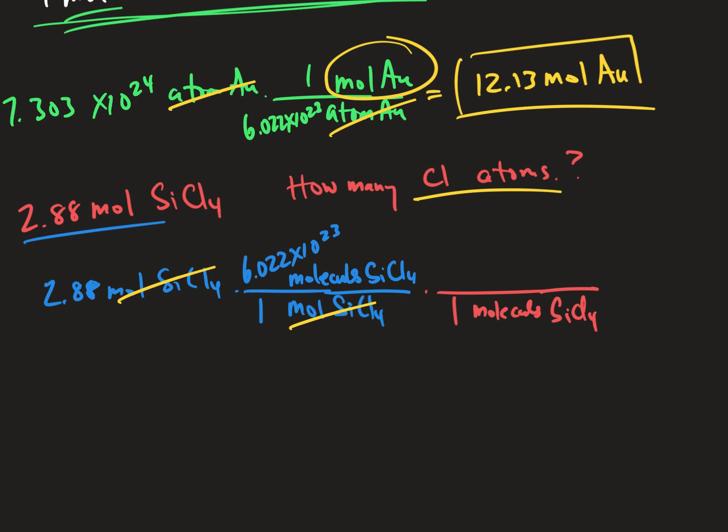So we know this, but we've never used this, so it's like, well, what do we do, right? So we got to just think about what we know. 4 atoms of chlorine. That goes away. That's what we're looking for, so we can stop.